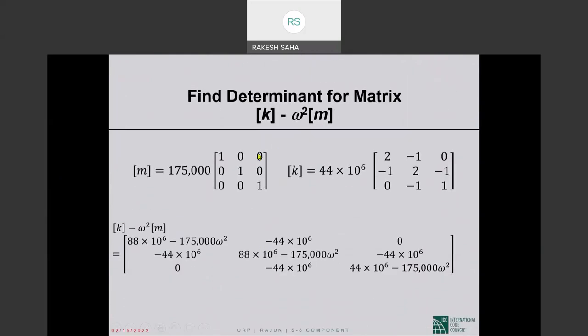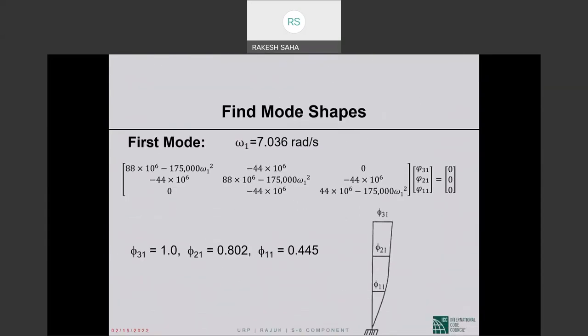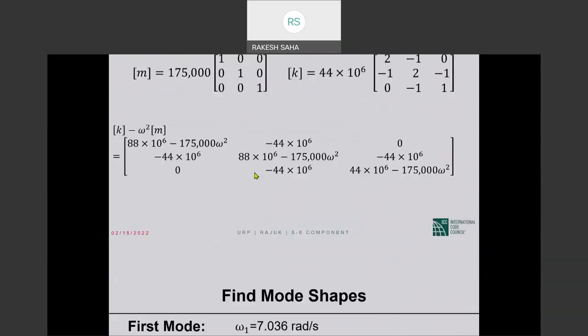We assemble the mass matrix. We assemble the stiffness matrix. Then we assemble the K minus omega squared M matrix. Okay, these are all steps.